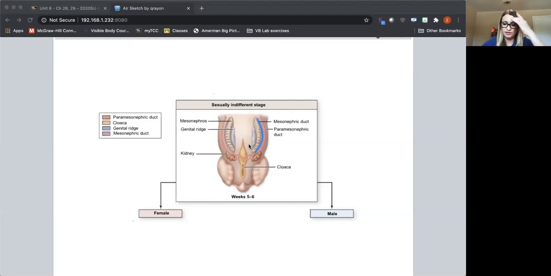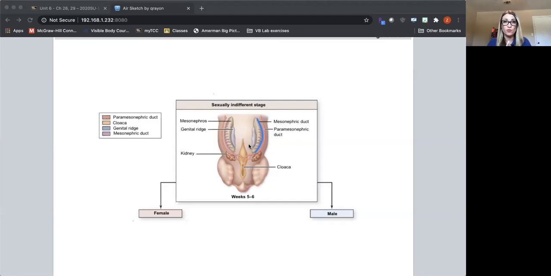As the male duct, the mesonephric duct matures, this is going to start forming anti-Mullerian hormone. We said that paramesonephric duct is also known as the Mullerian duct, right? And so the anti-Mullerian hormone is designed to start degrading the paramesonephric duct or the Mullerian duct.